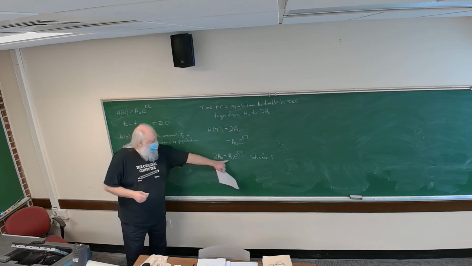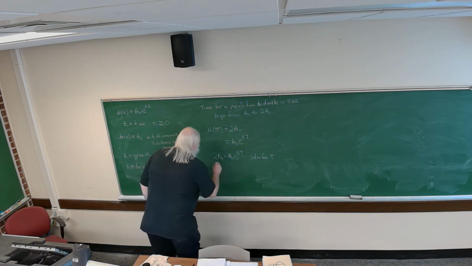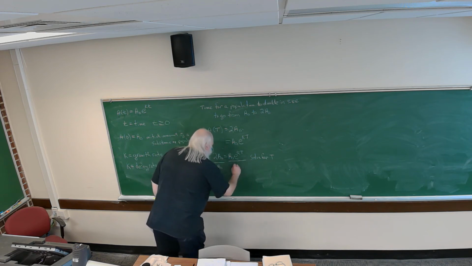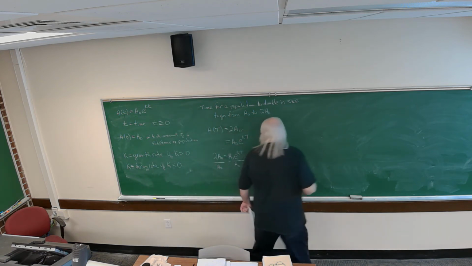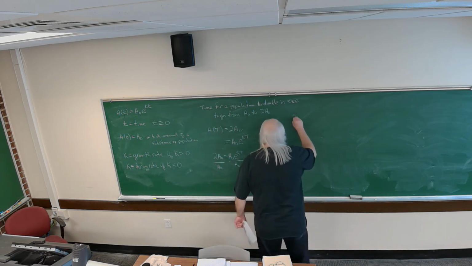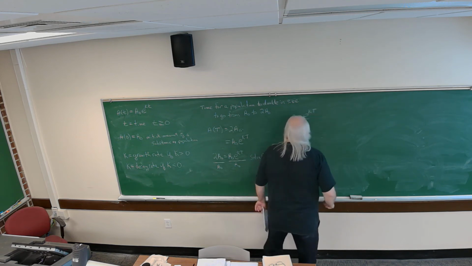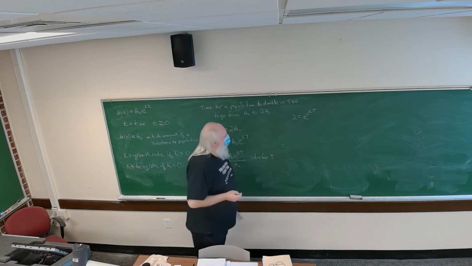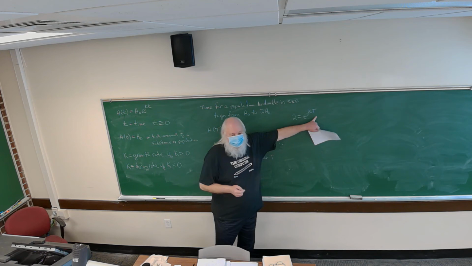Well, you can see a sub 0 is a common factor on both sides. So we divide both sides by a sub 0. The a sub 0's cancel. And we're left with 2 is equal to e raised to the k times capital T power. So again, we're solving for big T. It's an exponent in the number e.